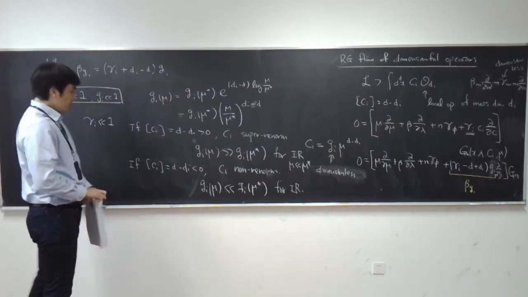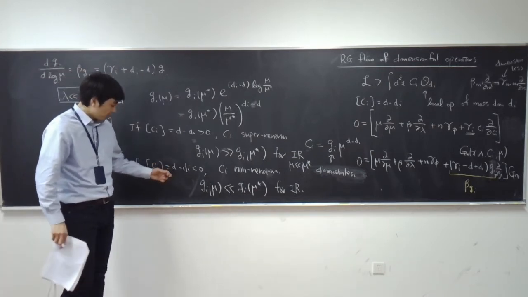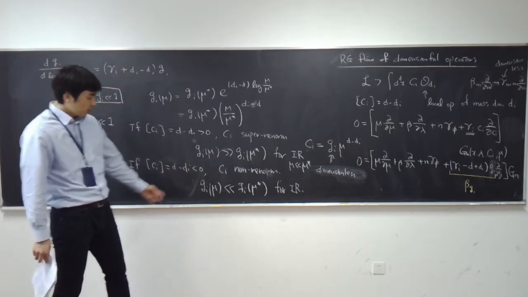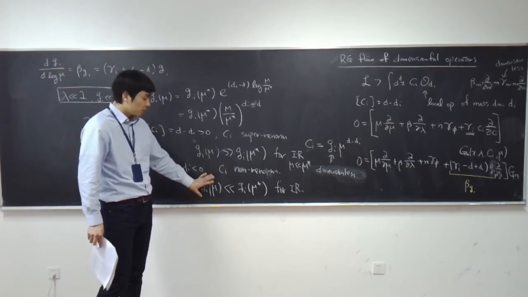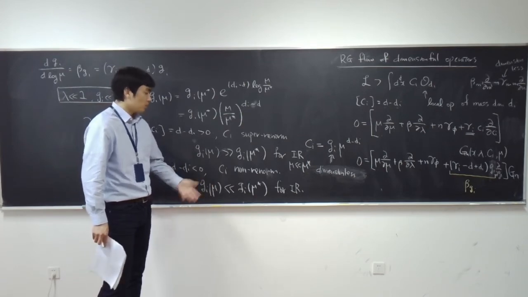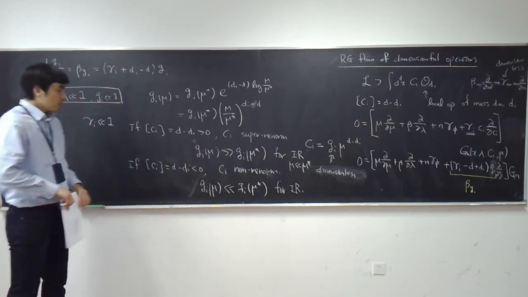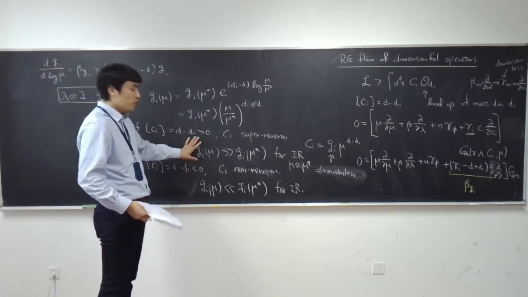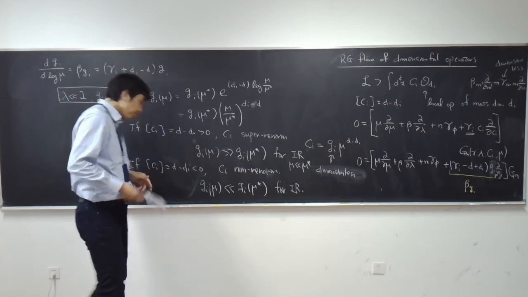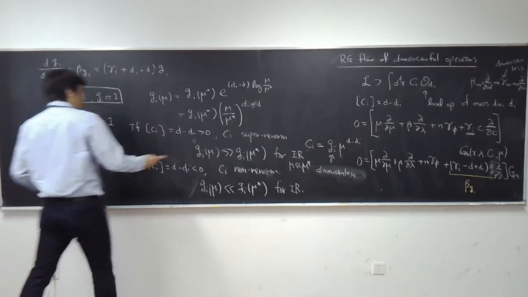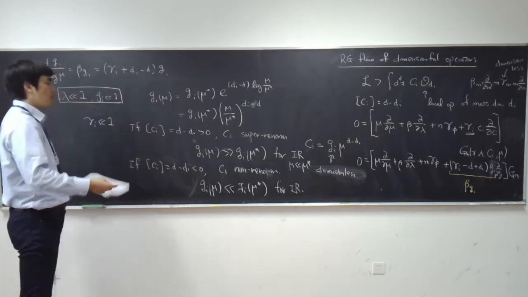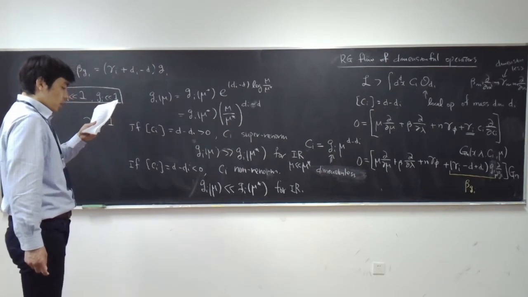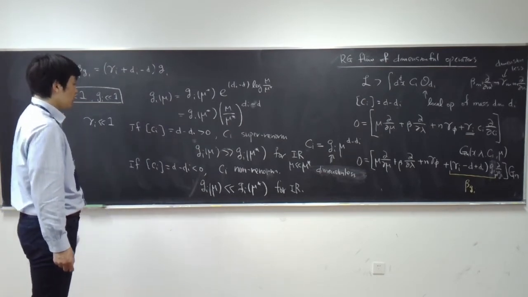So perturbation theory tells us that if the mass dimension of the coupling constant is less than 0, the term becomes irrelevant. It's negligible. Whereas if the mass dimension is positive, automatically the Lagrangian should include this. So the coupling constant, this parameter, becomes relevant at the IR.